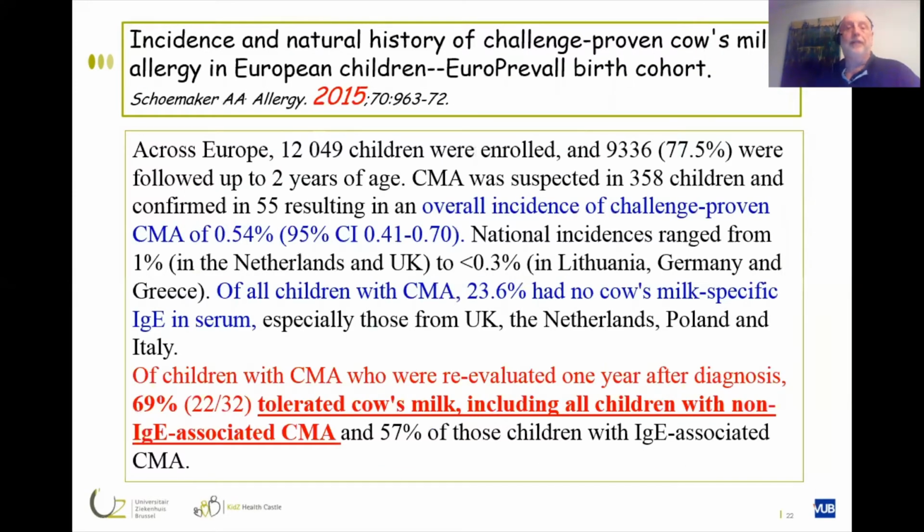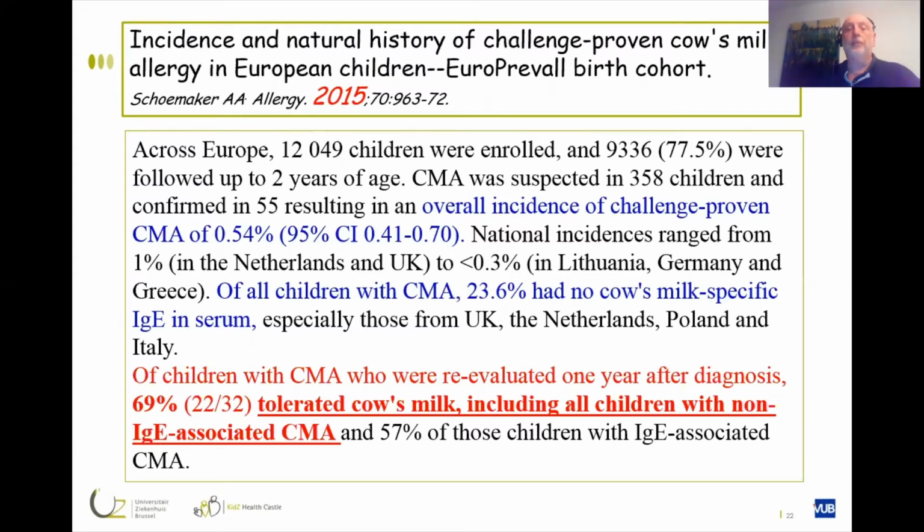And these are data from the Rejuvenation study, looking at the incidence of cow's milk allergy in different regions in Europe. So the overall incidence of challenge-proven cow's milk allergy was not higher than 0.5%, with differences in different regions of Europe.